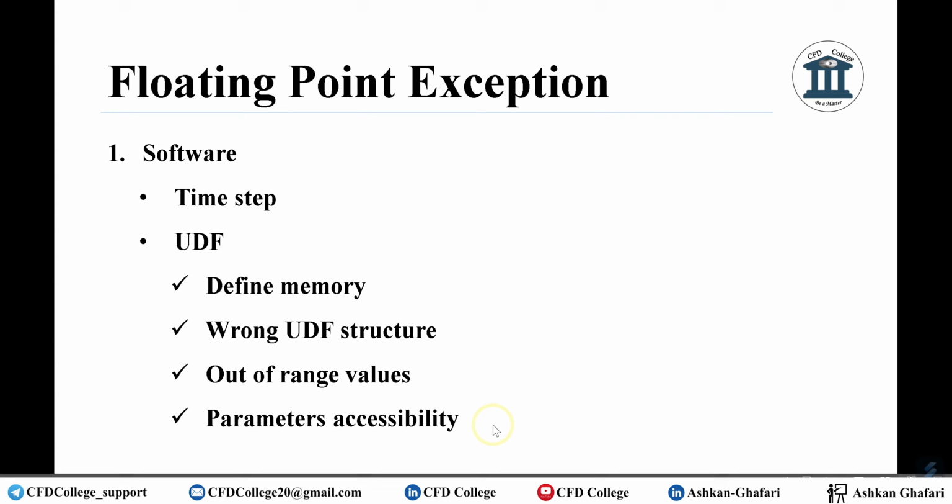Or maybe you have a second derivative of velocity or temperature or UDS or something. It's the same for that, because at the first iteration there is no second derivative of any parameter. So just run the simulation for one single iteration and then compile and hook the UDF.